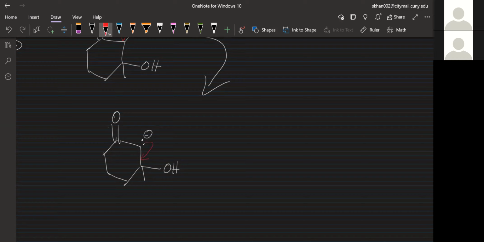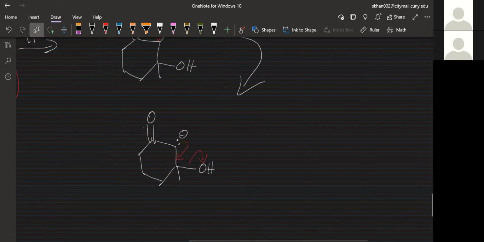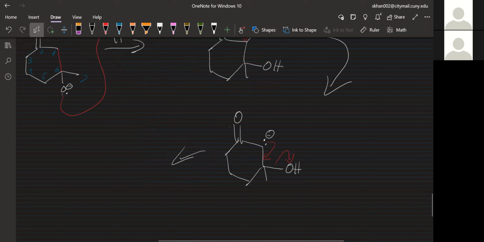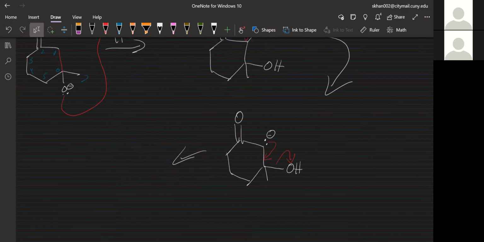Make that alpha beta unsaturated ketone. And boom. And we get your final product, which is a 6-membered ring that has an alkene in it, and it is tri-substituted. And there's stereochemistry, it doesn't matter because it's locked into the ring, right?